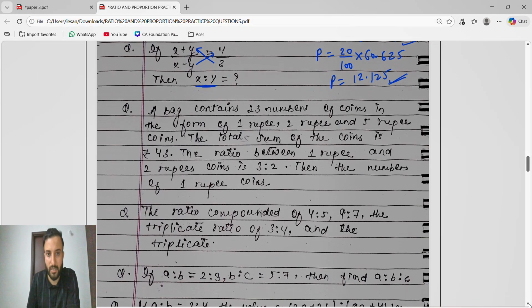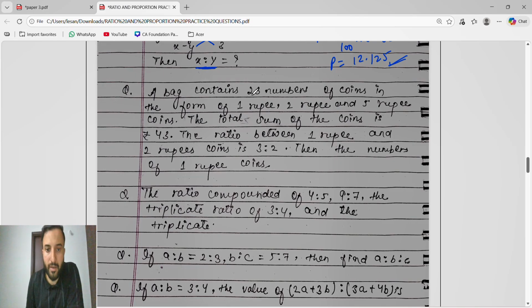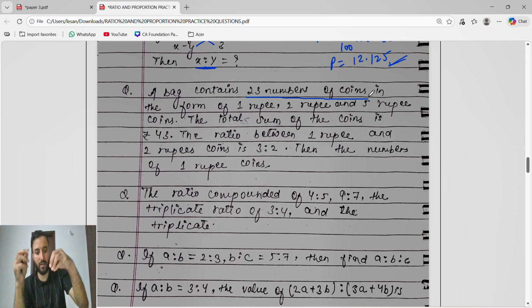Guys, see, a bag contains 23 coins. A bag contains 23 coins, meaning the total number of coins in the bag is 23, in the form of 1 rupee, 2 rupee and 5 rupee coins.